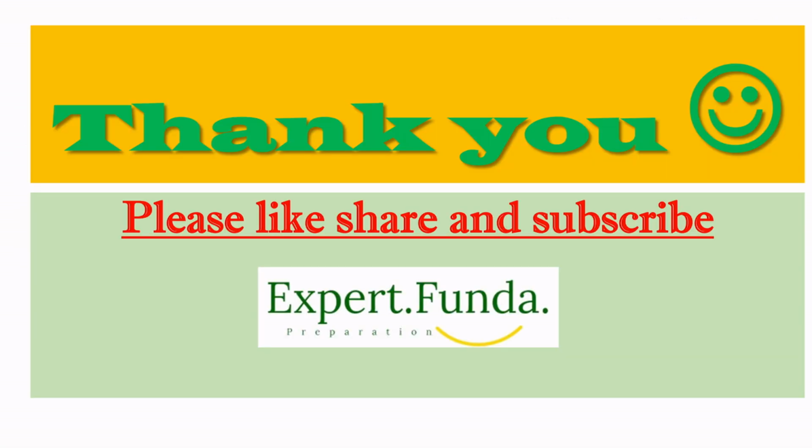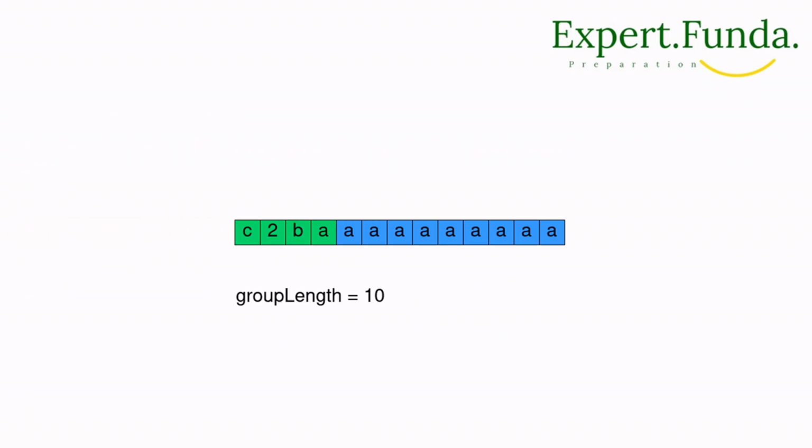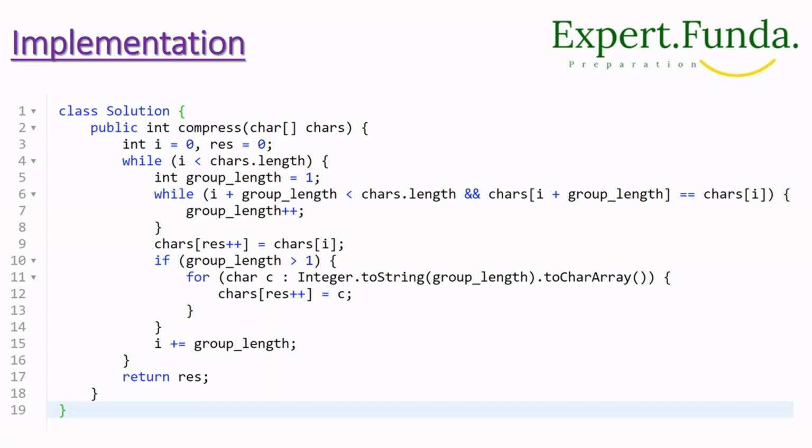Okay, so if we talk about the implementation, you have understood that we are making groups. So what I'm saying here is that we will take group length. Initially, while i is less than chars.length, we will start from index 0 of the character array and move to the next.